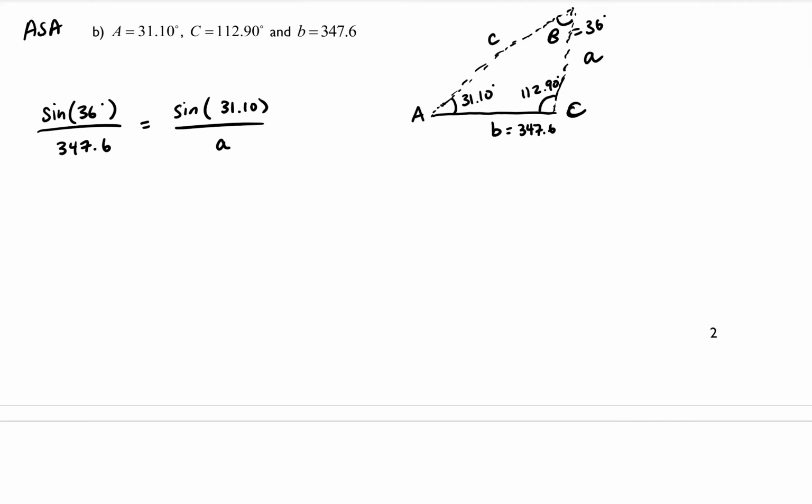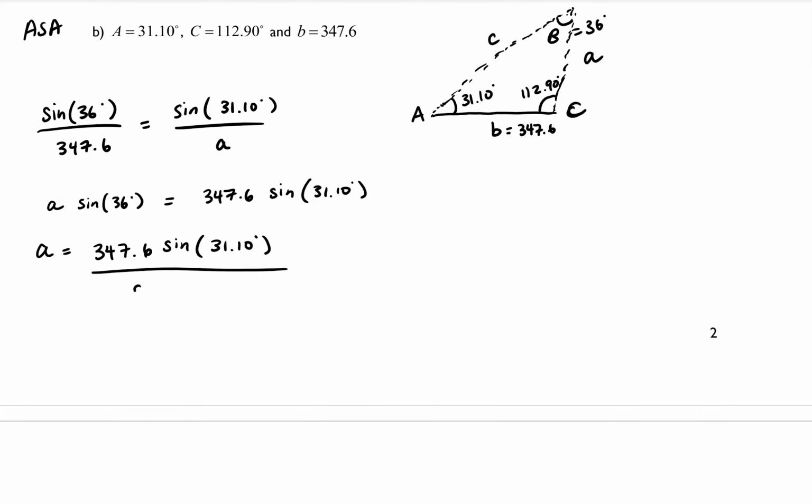So if I cross multiply, I would get a times sine of 36 degrees is equal to 347.6 times sine of 31.10 degrees. I forgot to put the degree symbol there. There we go. And then if I divide both sides by sine of 36 degrees, we get a is equal to 347.6 times sine of 31.10 degrees over sine of 36 degrees.